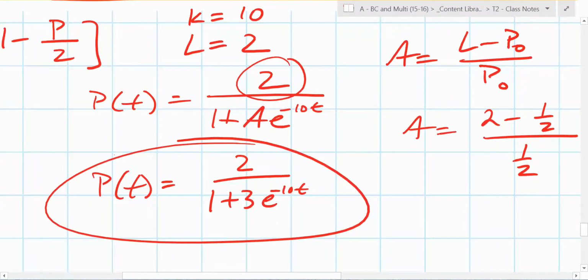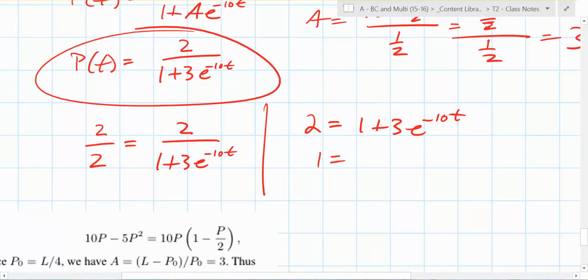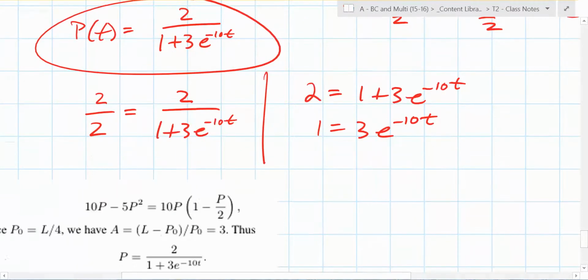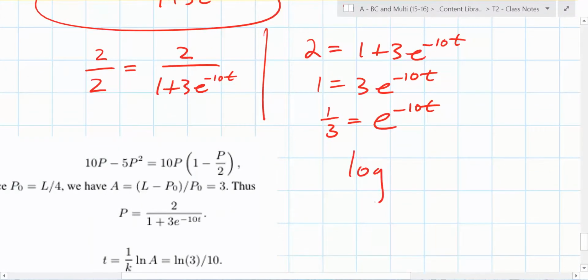That is work, but is that a lot less? So 1 is equal to 3 e to the negative 10t. Is that correct? Yeah. Yay! So we do 1/3 is equal to e to the negative 10t. So log base e of 1/3 is equal to what?